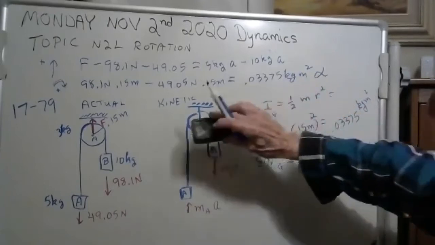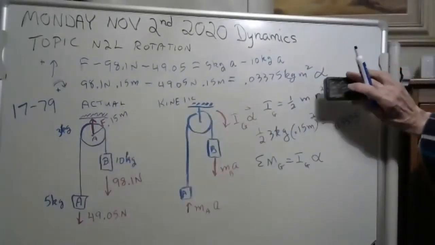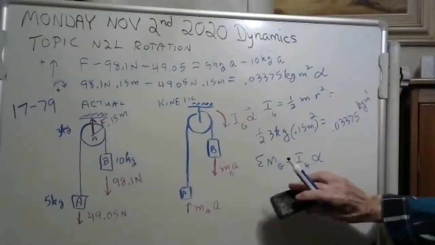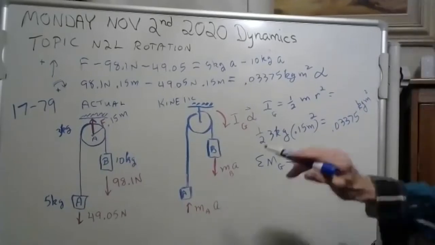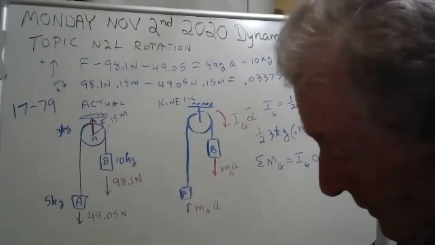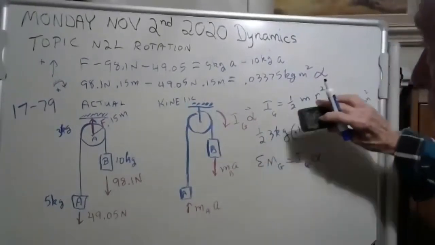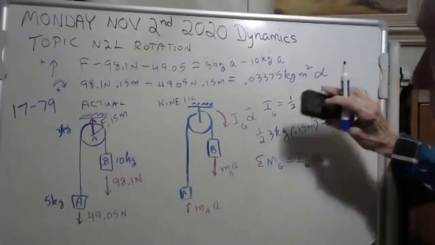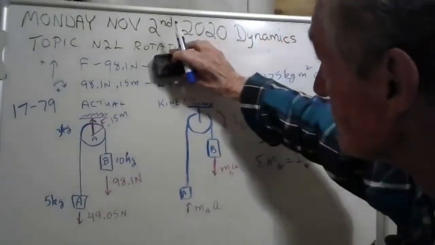Now that is correct for the pulley, but I'm missing the two. Here, let me write this for you. I need the room here.